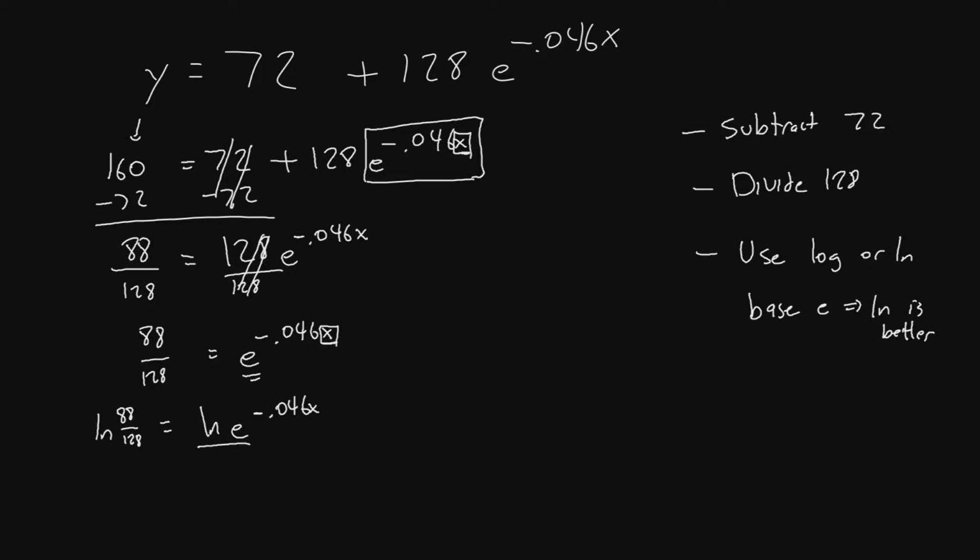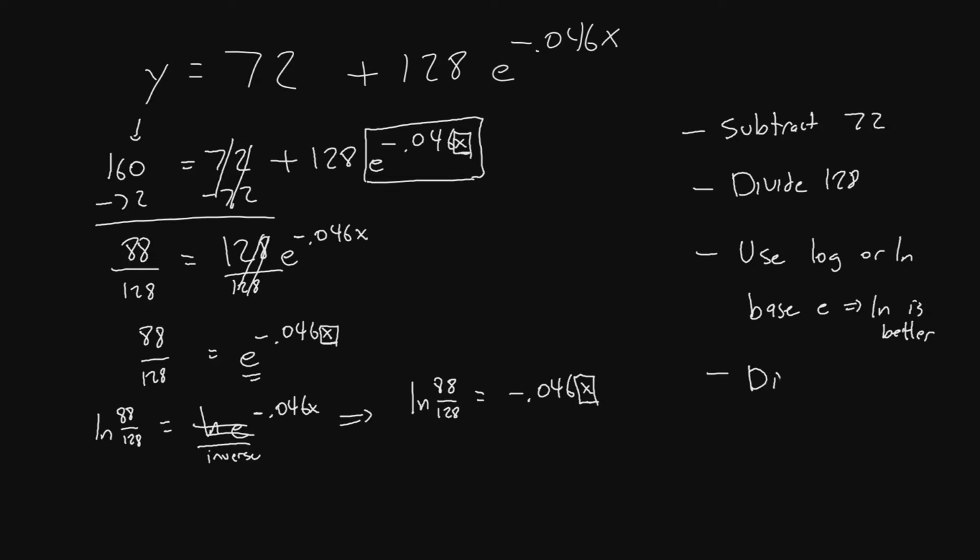Now remember that ln and e are inverse functions, so they cancel out, and we get ln of 88 over 128 equals negative 0.046x. We're almost there. Just get x by itself.